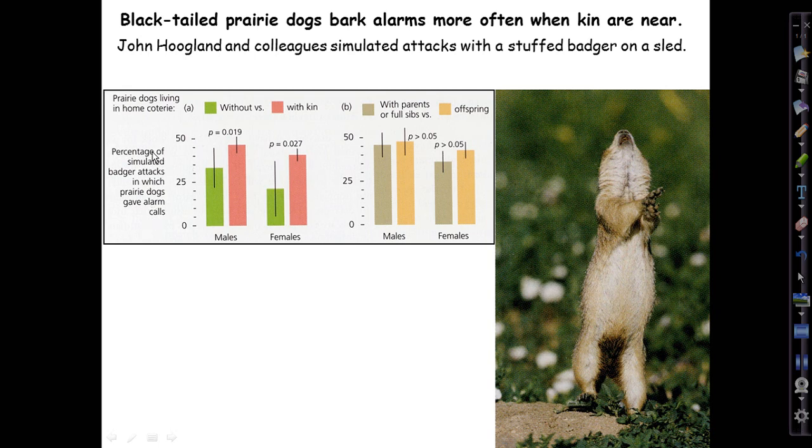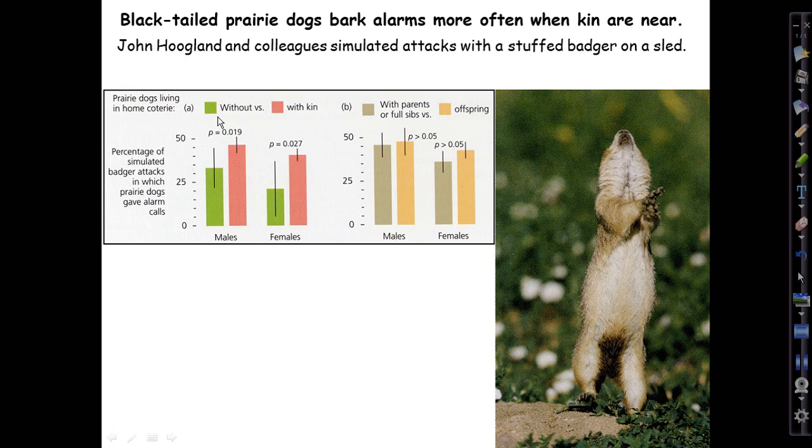And so the figure, again from Heron and Freeman, shows the percentage of simulated badger attacks in which prairie dogs gave alarm calls on the y-axis of these bar charts, and it shows males and females separately in two slices through the definition of potential beneficiaries of the alarm call.